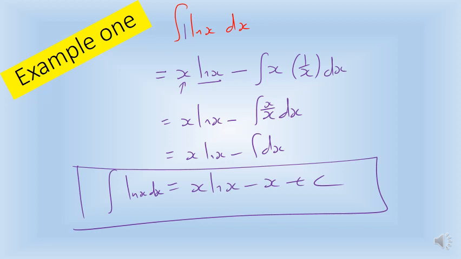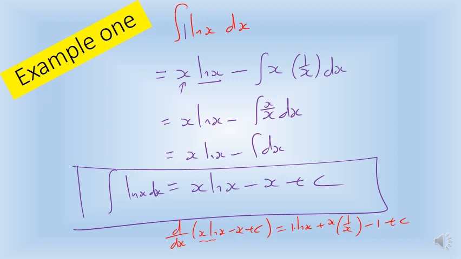Some of you are looking at the screen saying, I don't believe this. Well, let's look at the derivative one more time of the right-hand side, the whole thing. So this is the product. So d/dx of x ln x: differentiate x, 1, so it's ln x. Now keep the x constant. d/dx of ln x is 1 over x, d/dx of minus x is minus 1, plus constant.